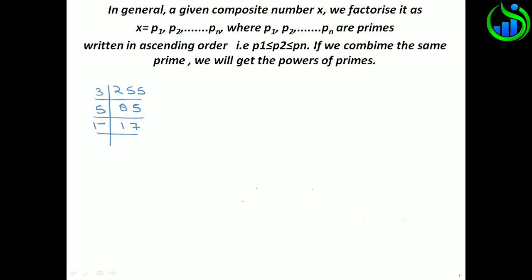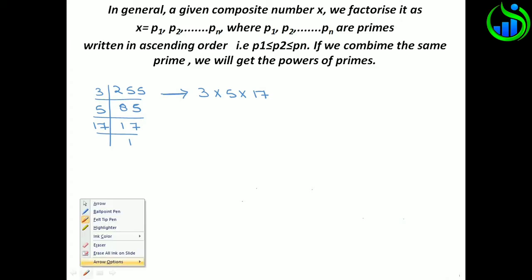Then 17: 17 1 is 17. So 255 is 3 into 5 into 17, written in ascending order of the primes.